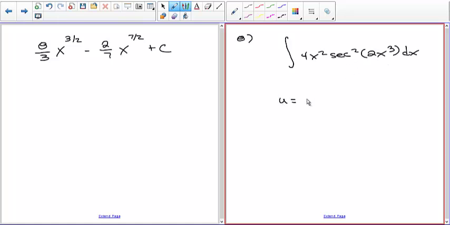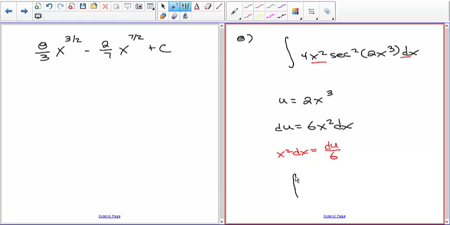The argument of the trig function is u. So when you take the derivative, the differential du is going to be equal to 6x squared dx. You can see if I factor out the 4, I'm going to have x squared dx. So if I solve for that, I'll get du over 6.